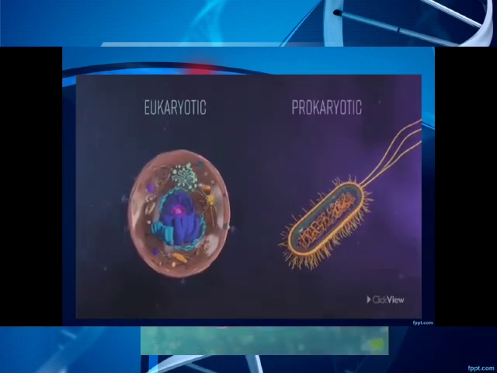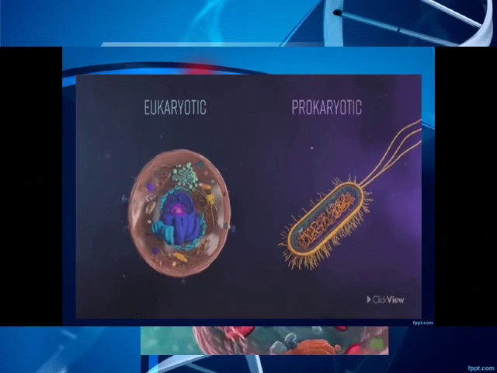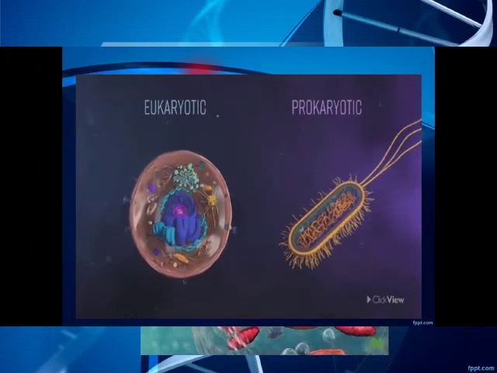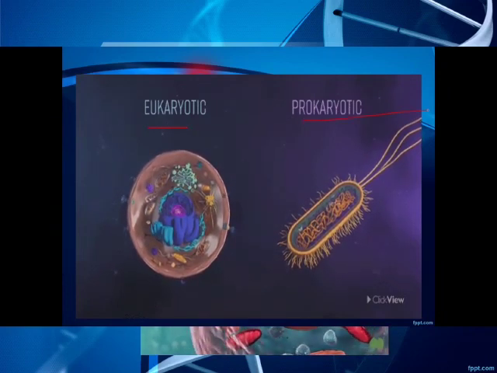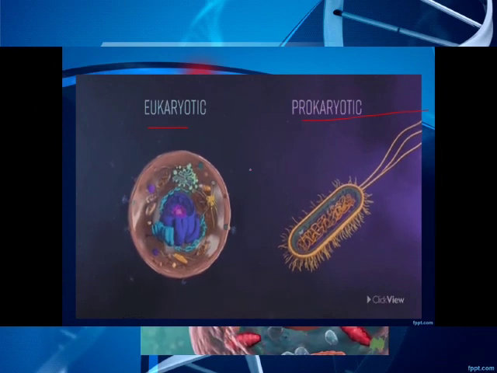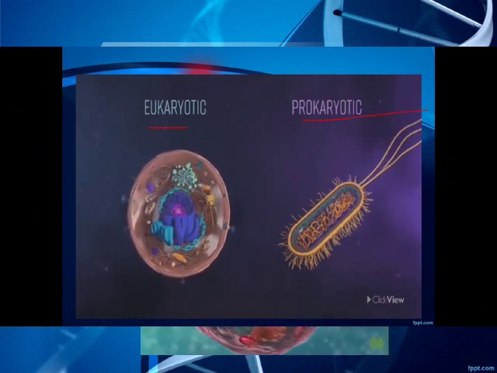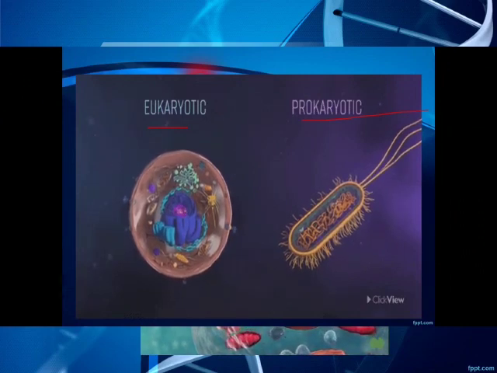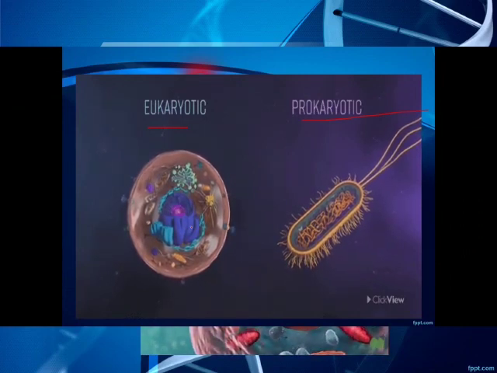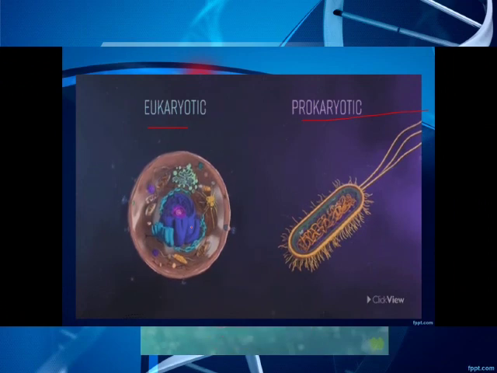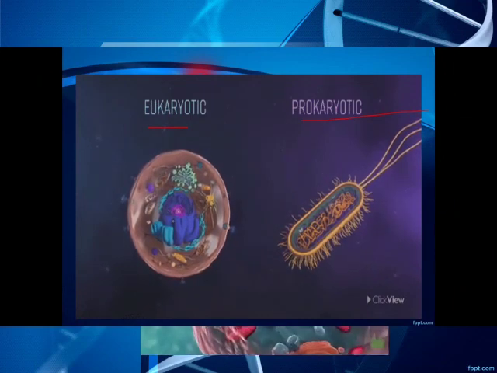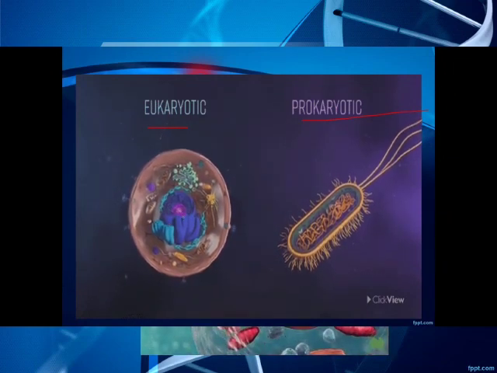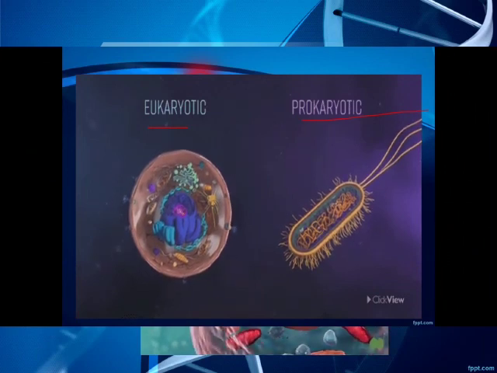Now, depending upon the nucleus, there are two types of cells which are broadly classified into eukaryotic and prokaryotic cells. Students, just observe these diagrams. Here in the eukaryotic cells, you can see that the genetic material or whatever the contents present in the nucleus is confined inside the nuclear membrane and it is present in one proper location.